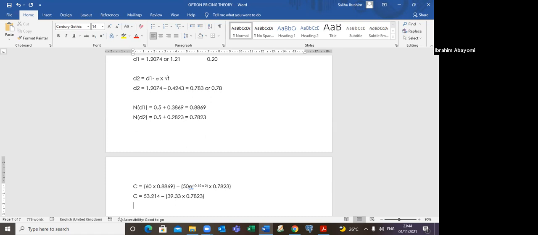Now press the ln there. Now press open bracket, minus 0.12 times 2, close the bracket, equal to. 39.33. What do you have? 39.33.